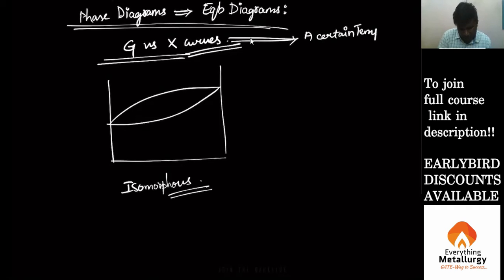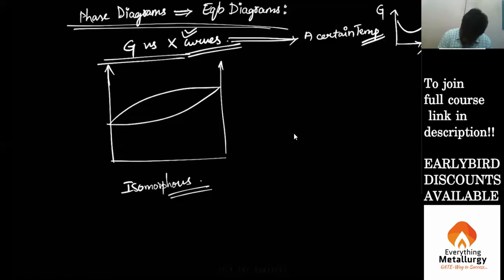At a particular temperature, how is my Gibbs free energy varying with my concentrations? I'll take three different regions and show how they change. I said curves because these will be cup shaped curves. So this is G, this is my X, and these will be cup shaped. Why and how we got these curves, we'll be discussing in the course.